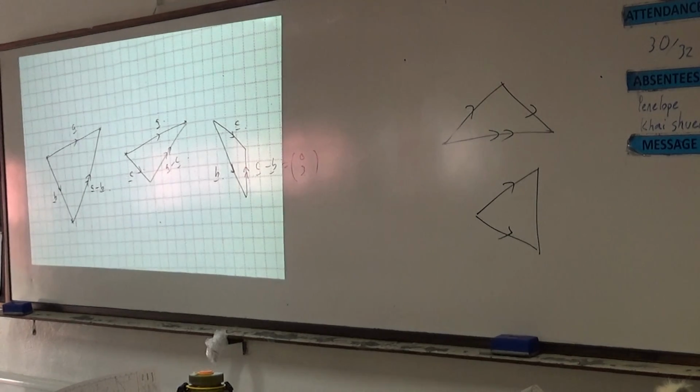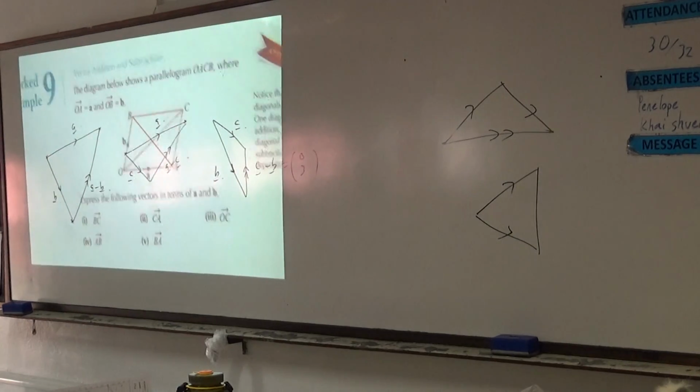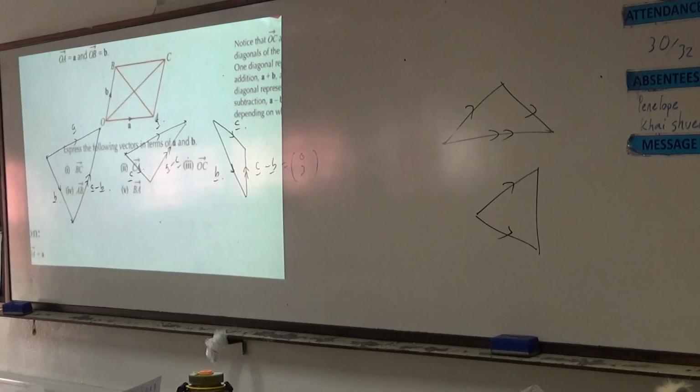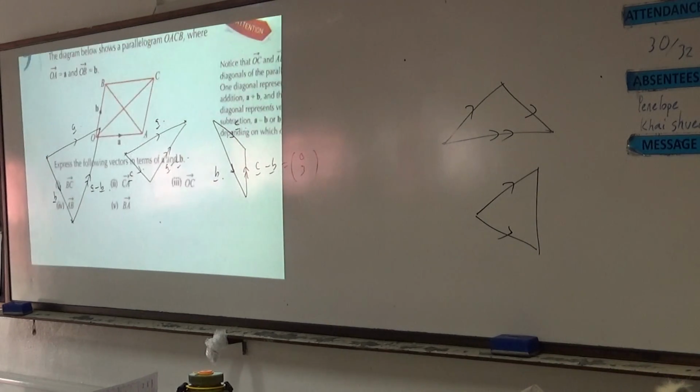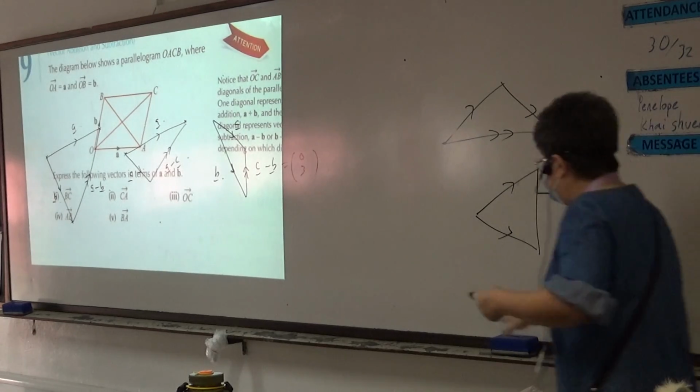And vector subtraction I have also done. I actually stopped at example 8 yesterday. Remember I told you how to label the resultant? So right now we are going on to example 9. Can we all look at example 9? This one. I'm going to remove all the drawings that are on the board now.